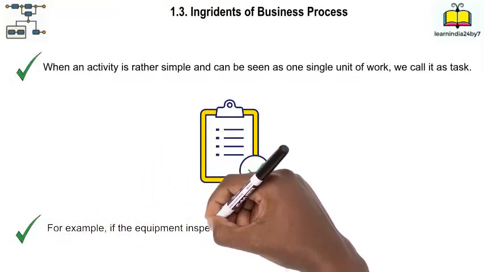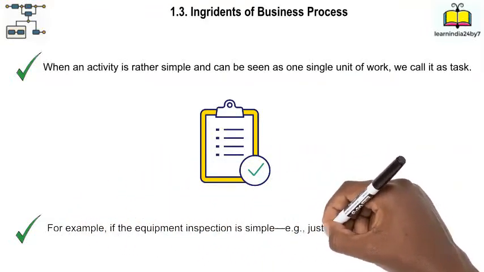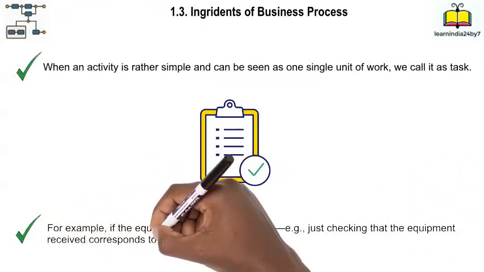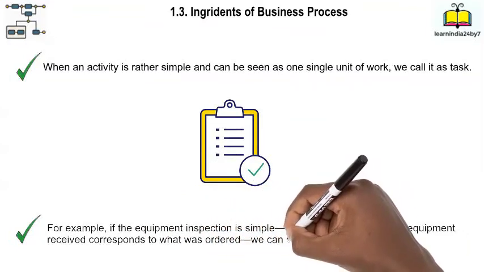For example, if the equipment inspection is simple, just checking that the equipment received corresponds to what was ordered, then we can say it is a task.